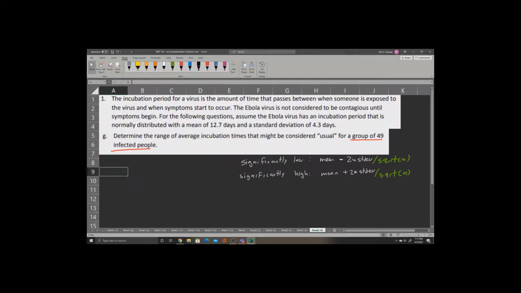So in those equations, we have mean, standard deviation, and n. We'll make a space for them in Excel. We enter that the mean is still 12.7, the standard deviation is still 4.3, and the n is now 49. Let's make a space for our significantly low value, and one for our significantly high value.